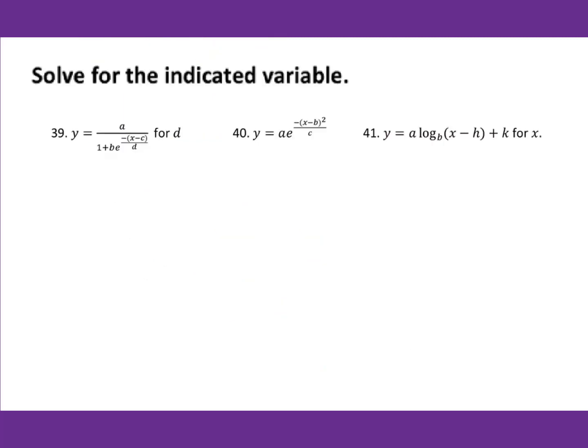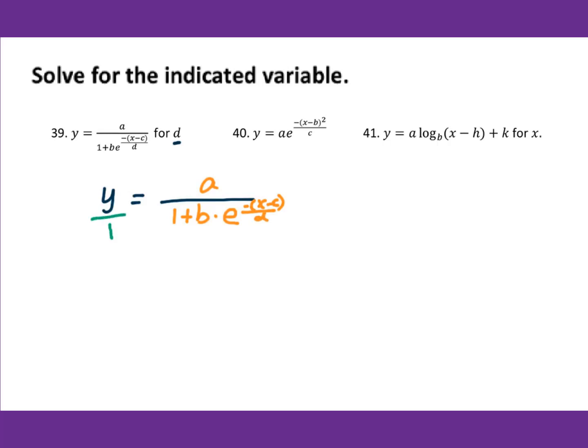Let's go to 39. We're looking for this d. So we got y equals a over 1 plus b times e to the negative x minus c over d power.